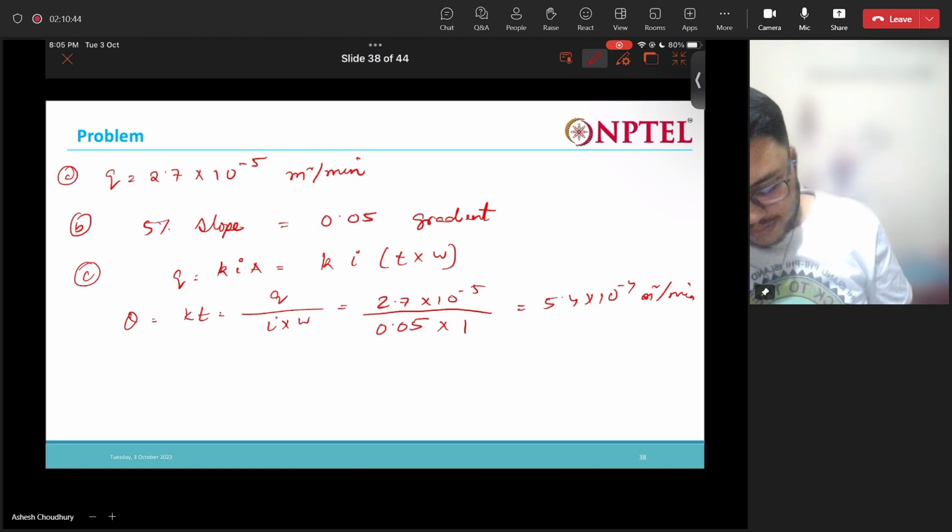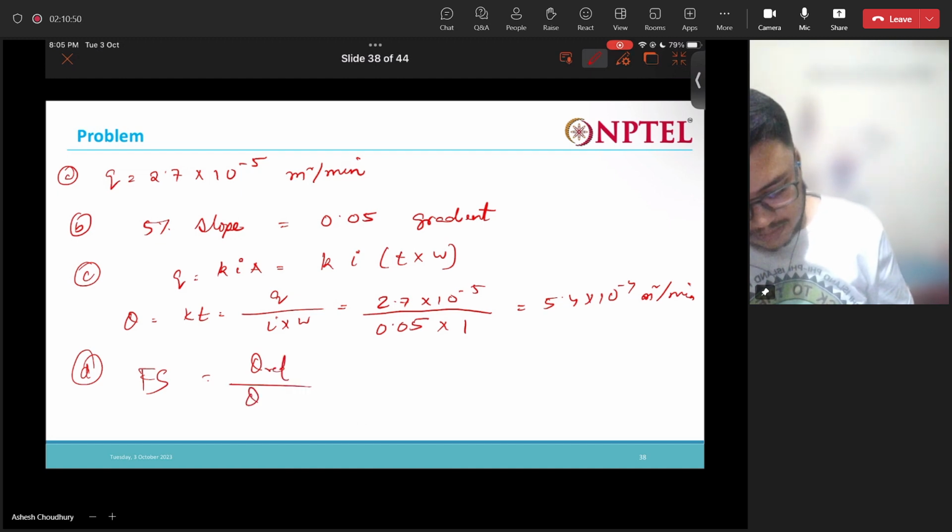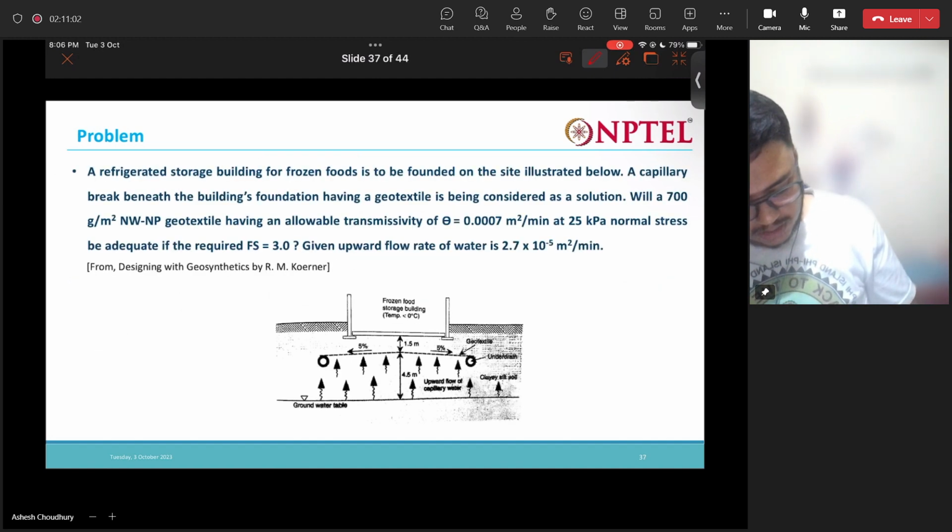Now, what is the factor of safety? Sorry, again I made the mistake, it is allowable by theta required. So what is the allowable? It's given here, allowable transmissivity of 0.0007.